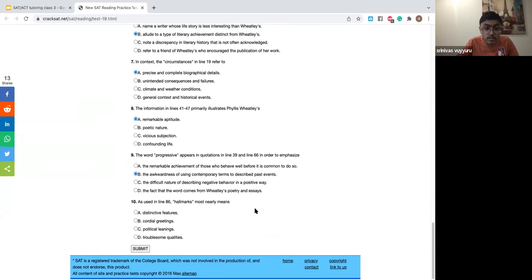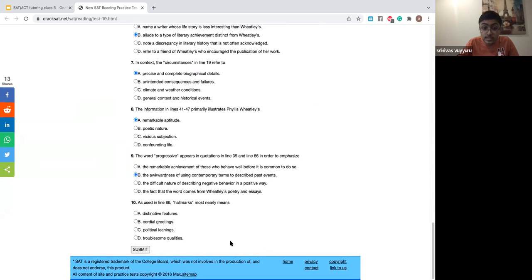So we go back down. Is there anything that says features, distinctive features? Yes, there's one of them. Ordinal greetings, that doesn't sound like what I said. Political leanings, that also doesn't sound like what I just said. And troublesome qualities also doesn't sound like what I said. Therefore, A is our only valid answer.